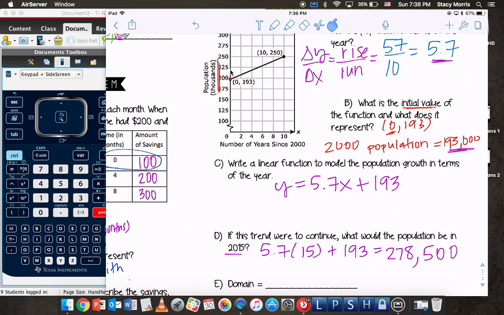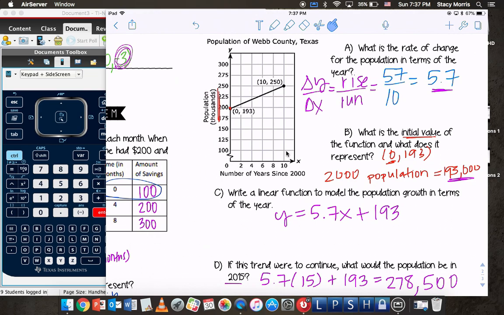So our domain starts here at 0 and it goes to here at year 10. So we're going to just do for just this graph. So our domain, or years, is from greater than or equal to 0, but less than or equal to 10. Again, that's just of the graph. And then the next one, what is the range? So range would be the population.